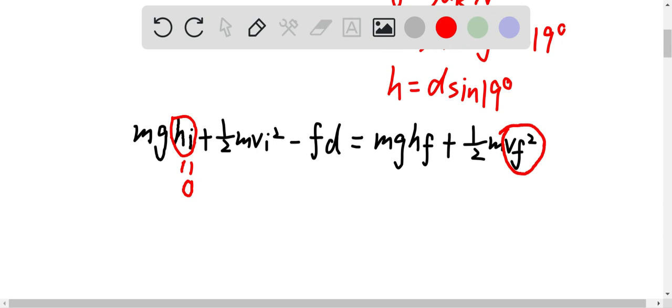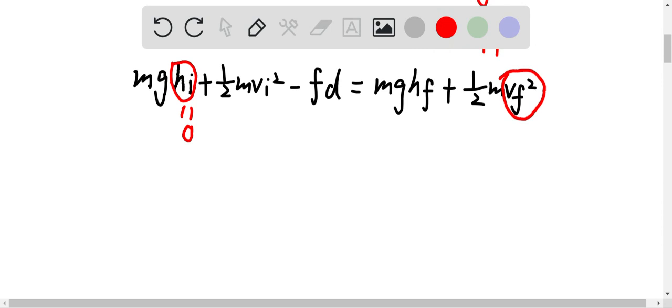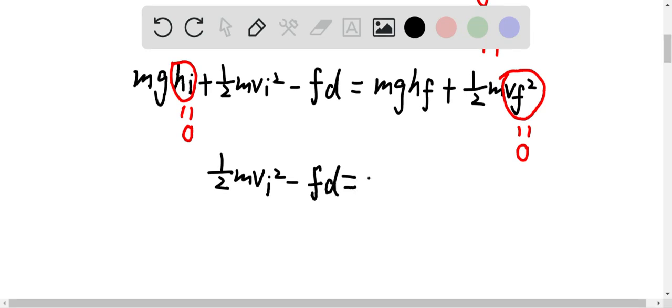So when the skier reached the top, it stopped. So the final speed is 0, and this will give us 1/2 m vi squared minus fd is equal to mg hf plus 0, so just 0. So this is the equation.